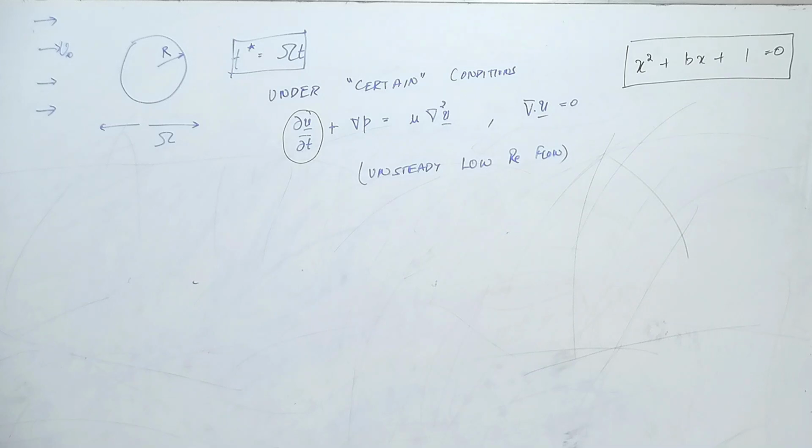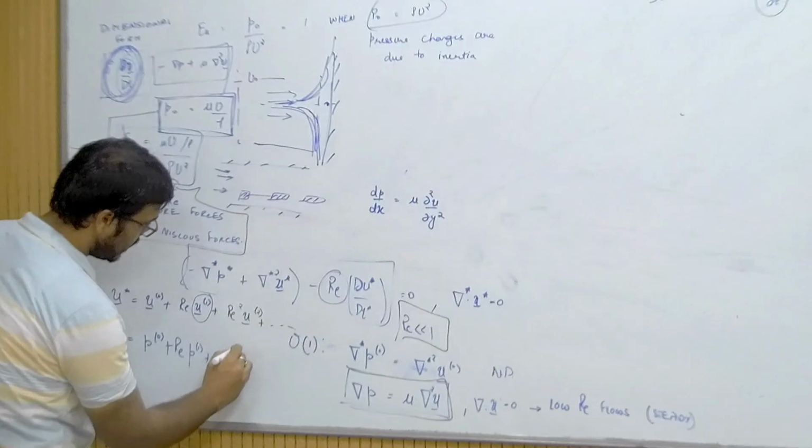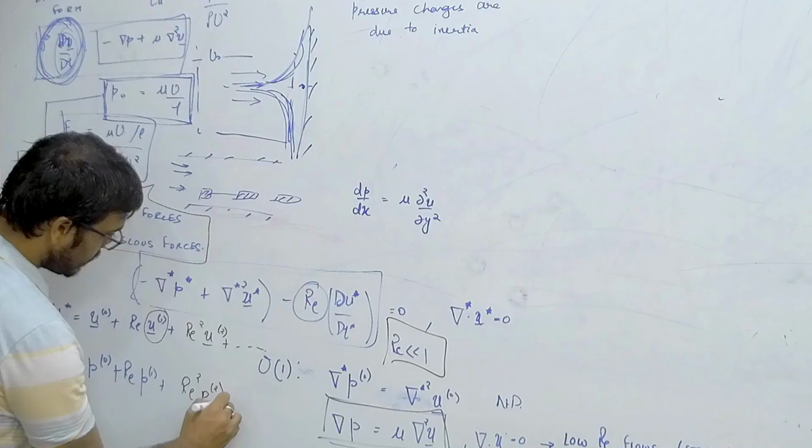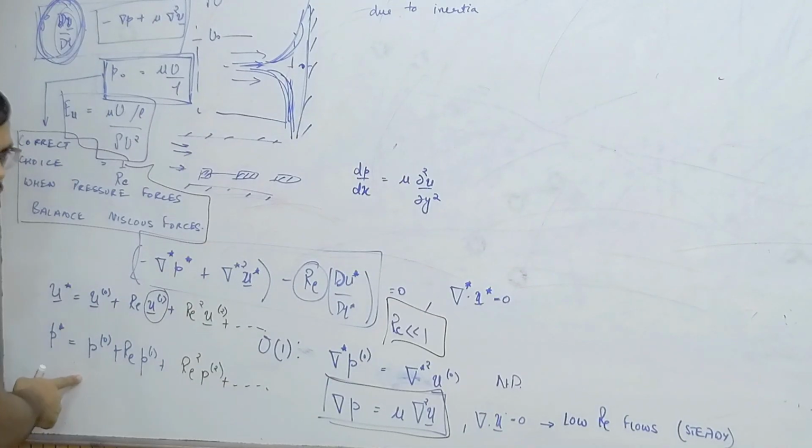I like to go back to that example every time. What I am saying is that you can consider that your solution will be something like this, not polynomial. This is an asymptotic expansion or a power series expansion you can think of.